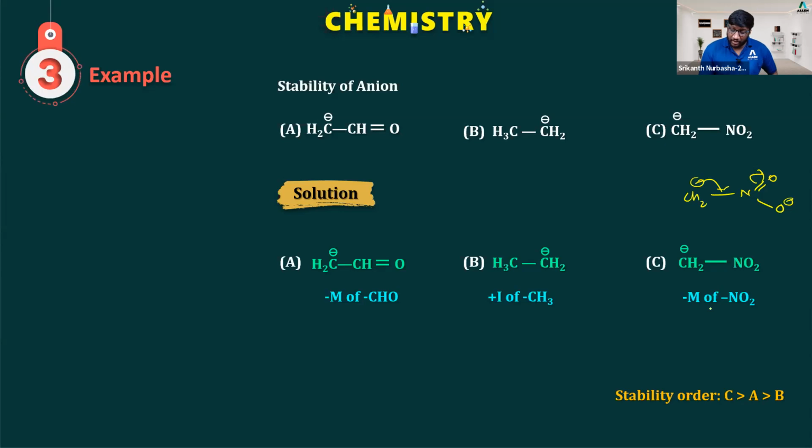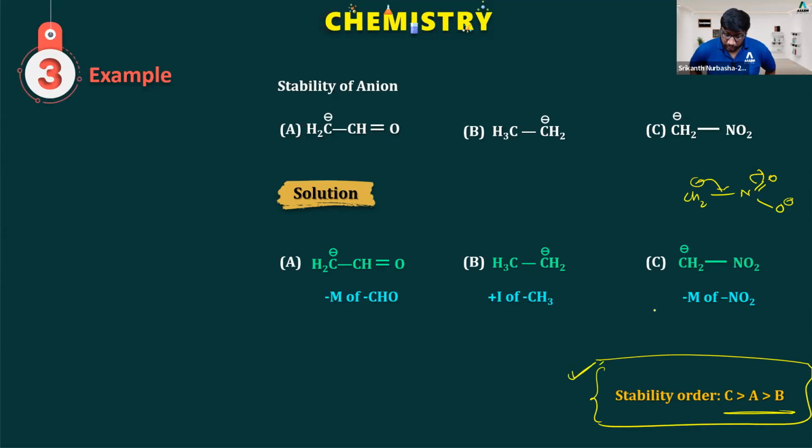So C will have a greater minus M group than A. NO2 is a very strong electron withdrawing group by mesomeric effect. Then you have CHO. In B you have CH3. So C, A, B, that will be the right order. Minus M effect of NO2 is greater when compared to minus M of CHO.